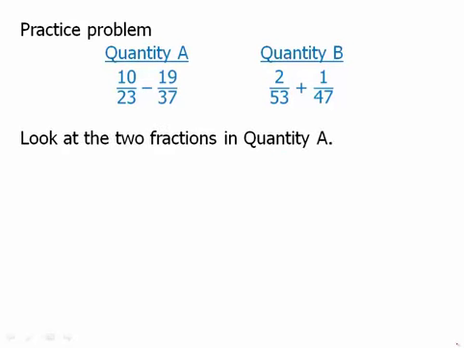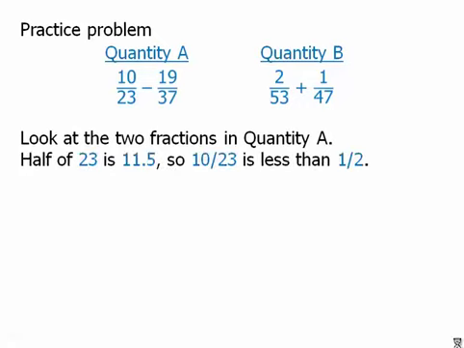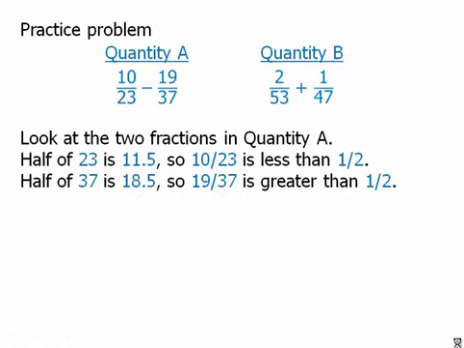Look at the two fractions in quantity A. And in fact, notice this. Look at that fraction 10 over 23. Half of 23 is 11.5. So 10 over 23 is less than 1/2. Half of 37 is 18.5. So 19 over 37 is greater than 1/2.